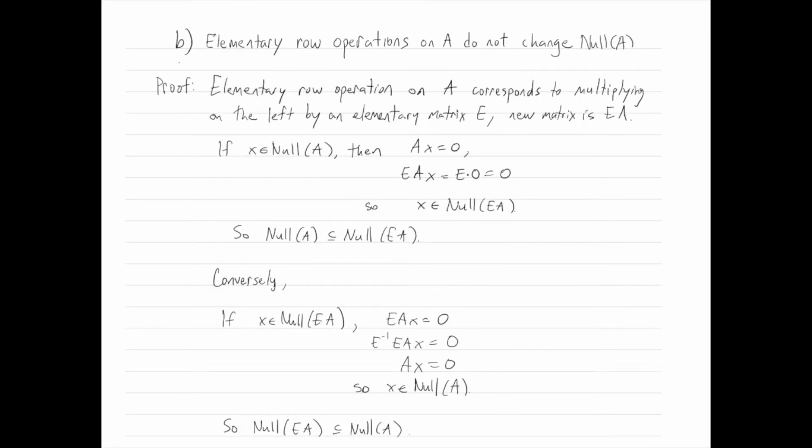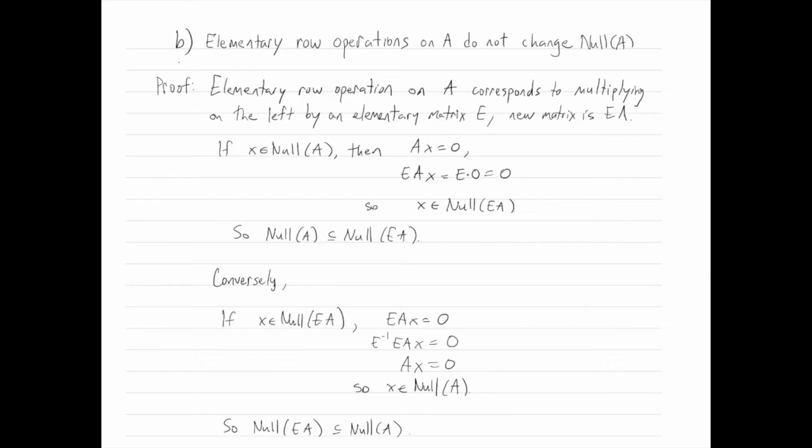Part B of the theorem says that elementary row operations on A do not change the null space of A. So here's the proof. An elementary row operation on A corresponds to multiplying on the left by an elementary matrix E. You start with A, and the new matrix is E times A. Let's say we have a vector x in the null space of A. That means A times x is equal to 0.